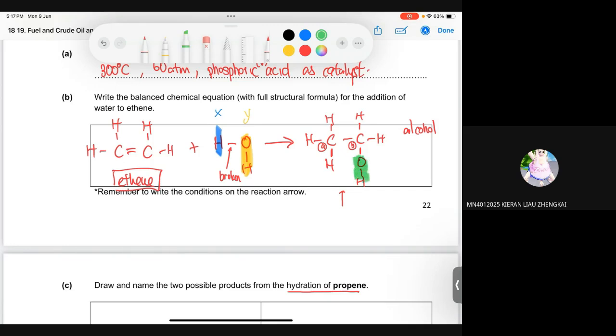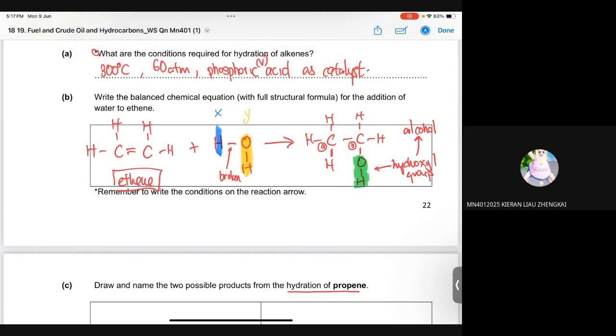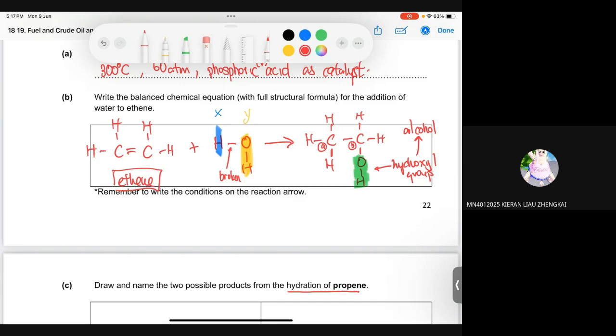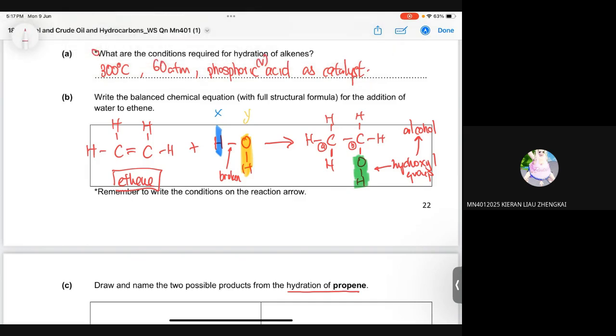Because of this OH, you know that it is an alcohol. This is known as a hydroxyl group, which is the functional group for your alcohol. So what would be the name of this fella over here? This is a 2-carbon alcohol. Kaden, do you know what's the name?